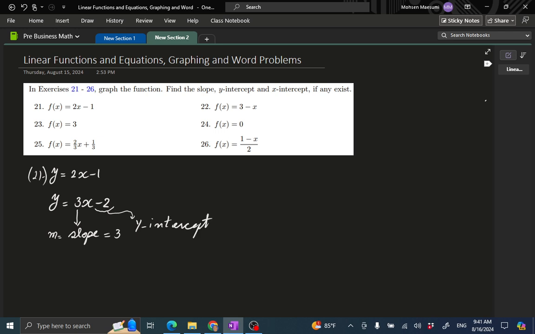Now let's go ahead and actually understand what this means while we are trying to graph it. When we want to graph this, one of two things can be done. One is we start from scratch as if we have never seen this before and graph it that way. And then we want to summarize and have a quick way of graphing the equation.